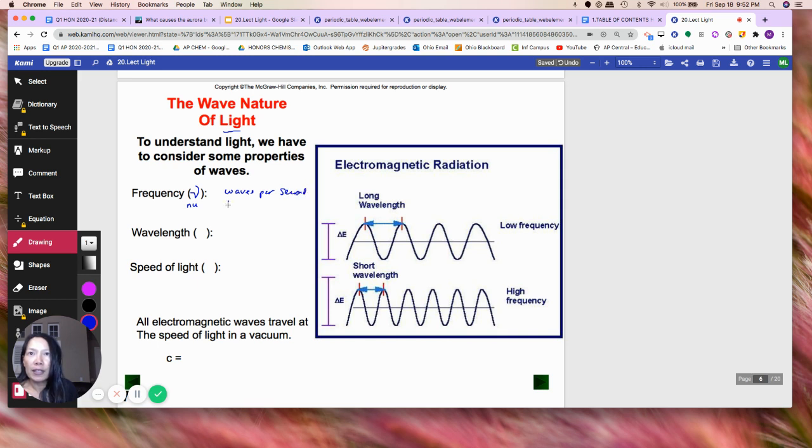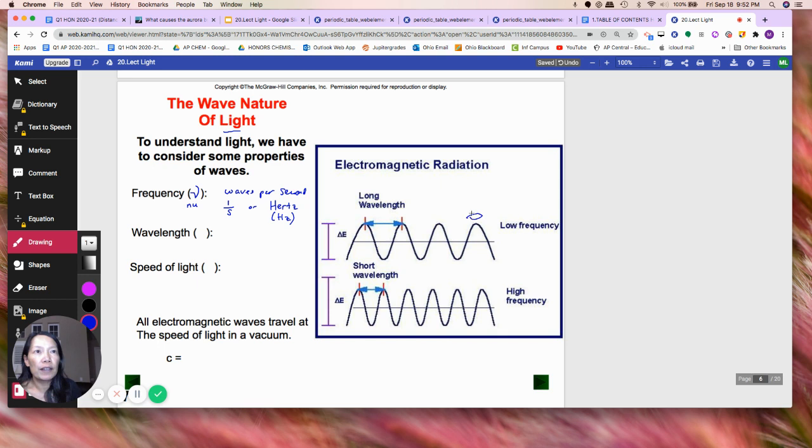The unit is 1 over s, so it's pretty much waves per second, or per second. Or, actually, the scientist, his last name is Hertz. The symbol is Hz. I don't like using Hertz because I like the seconds because it can cancel in the formula.